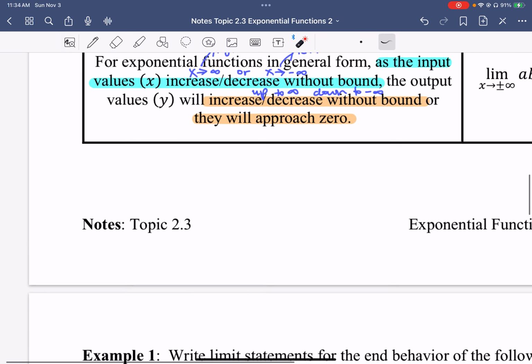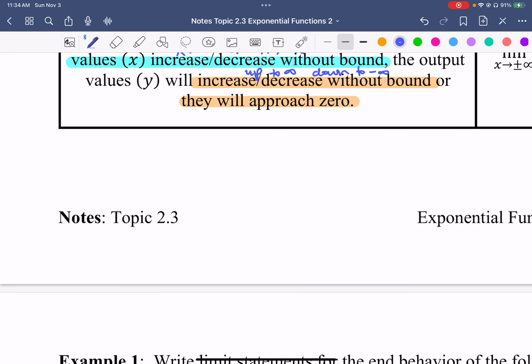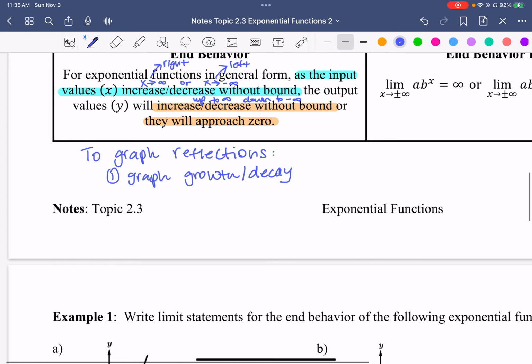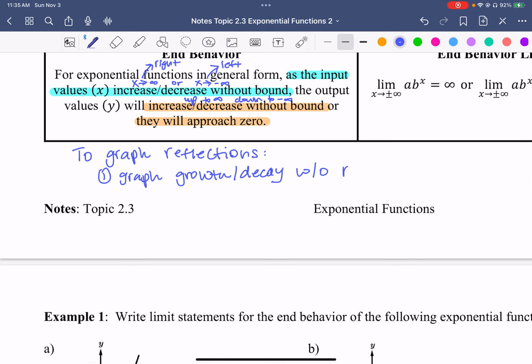All right, one more thing I want to cover is how to graph reflections. So the first thing you're going to do is graph the growth or decay without the reflection. After you have the graph without the reflection, you're going to manually flip it over the x-axis.